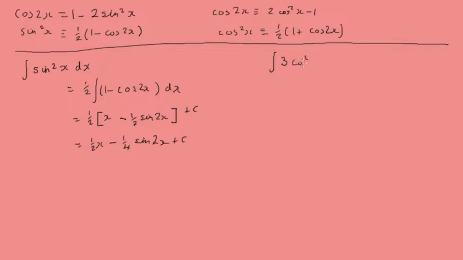Let's integrate 3 cos squared 2x dx. This is a bit more tricky. So here we're going to use this identity.